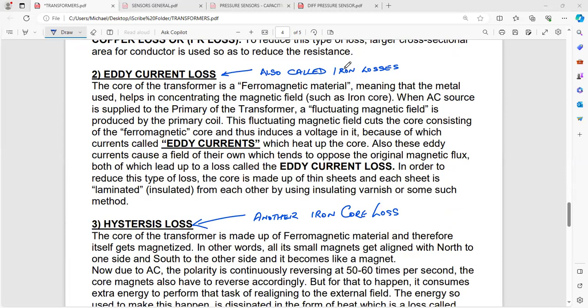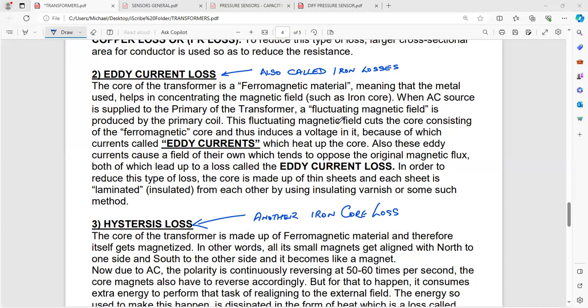Then we saw two more losses. They are both iron losses: eddy current loss and hysteresis loss. Why is it called iron core losses or iron losses? Because we are using a soft iron core in order to concentrate the electromagnetic lines of force from your primary to link your secondary at its maximum.